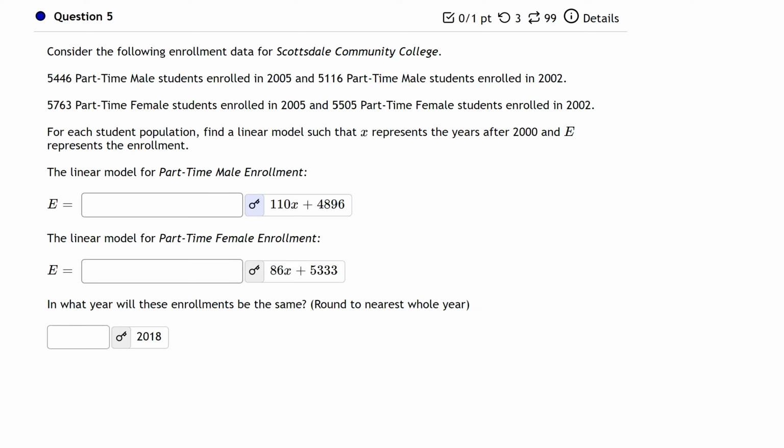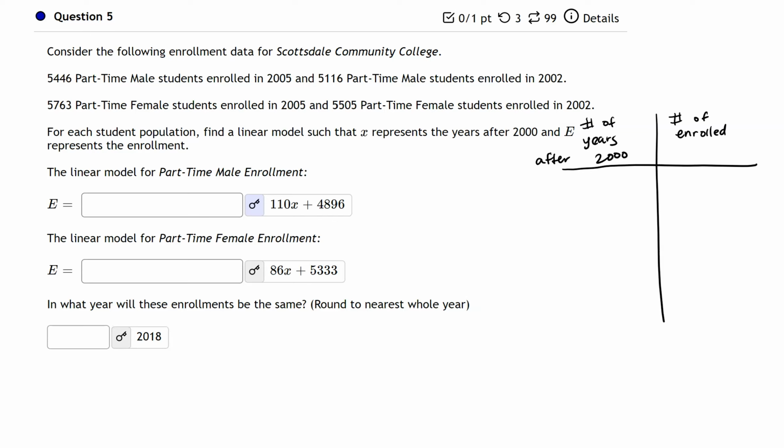So here, what I'm going to do is start off by making a table, and the input value for my table is the number of years after 2000. And then my output value is going to be the number of enrolled students.